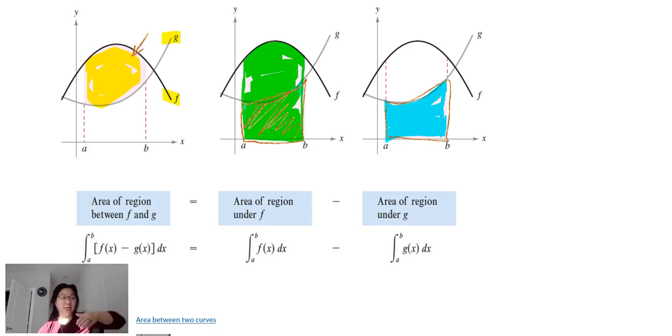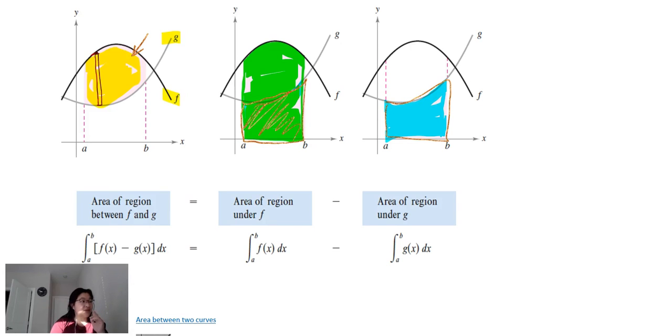This works when we're looking at tiny rectangles that are vertical. So the area between these two curves, we can think about it in terms of vertical rectangles. The height of the rectangle is the function f minus the function g.